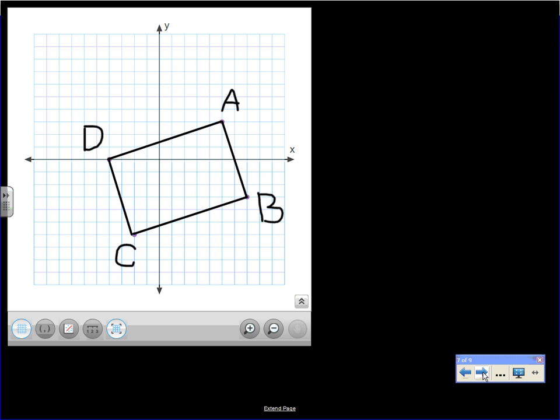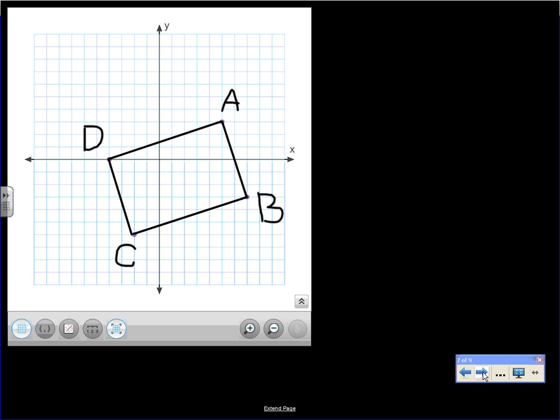In order to do so, you have to know that segment AB is going to be parallel to segment CD, and segment AD should be parallel to segment BC. There's a few other things in order to make that a rectangle. We're probably going to touch on that on the next slide. But let's determine whether those lines are parallel.